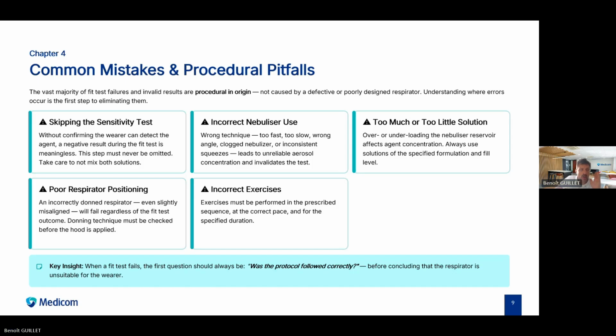So what to keep in mind is that when the test fails, the first question should always be: was the procedure followed correctly? It is the first question before saying that it's not a good mask, not a good respirator.